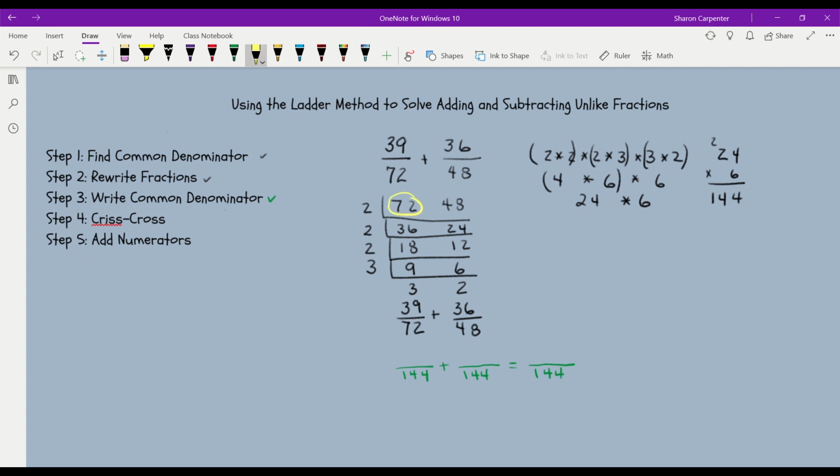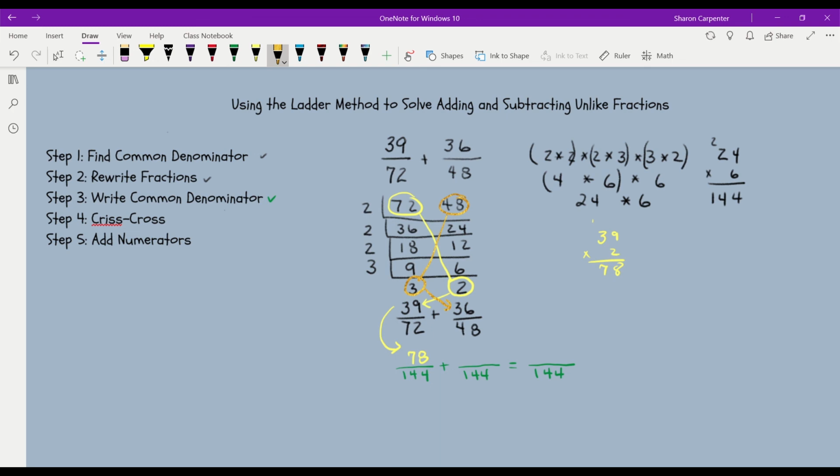Next, we circle the 72, crisscross to the bottom number 2, and circle it. Crisscross and multiply by 39. 2 times 39 equals 78 for the first numerator. Now circle the 48. Crisscross to the bottom number 3 and circle it.